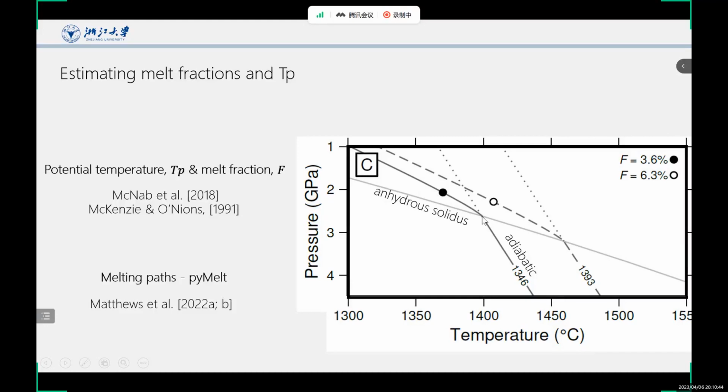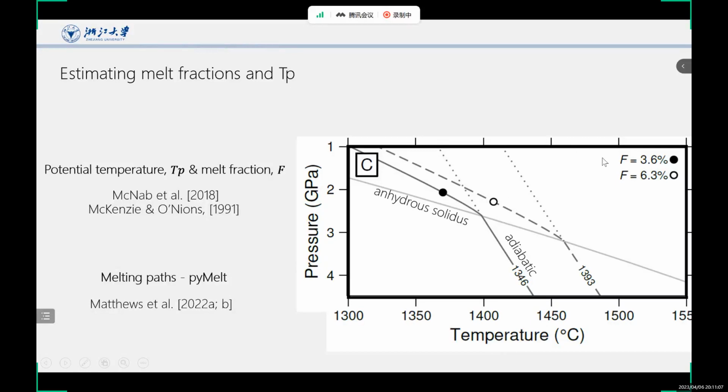They also have the slope of the adiabat, so they can get the potential temperature. Basically, the idea is this, and they can calculate the melt fraction from the distance between the sample point and the intersection.